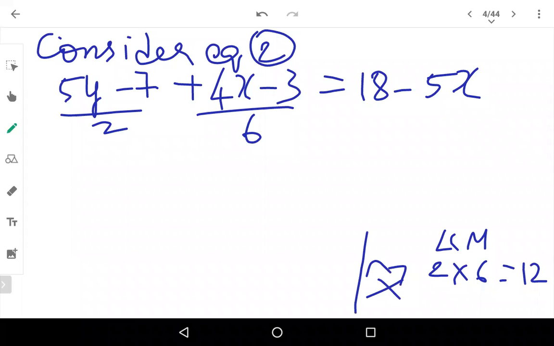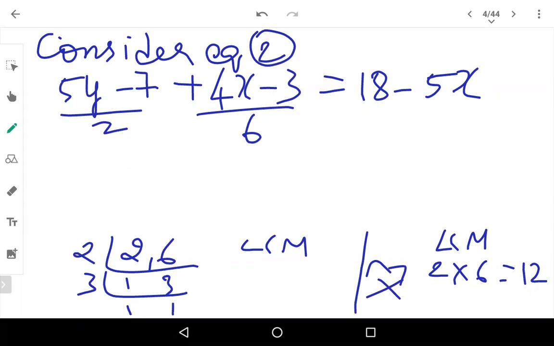Another way of taking LCM is literally to take the LCM of 2 and 6. 2 ones are 2, 2 threes are 6, 3 twos are 6. So 2 into 3, your LCM will be 6. Correct?